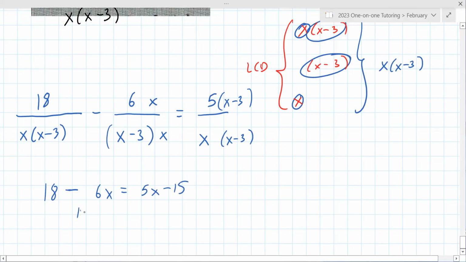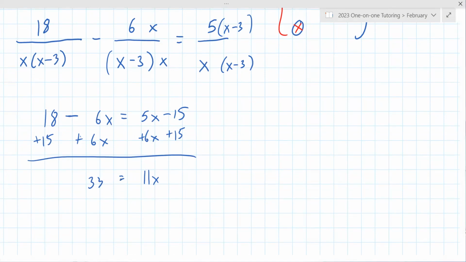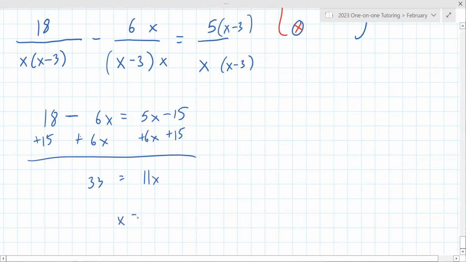So you're adding 6x to both sides, is what I was trying to get you to, because I heard negative x. Oh, that's where I messed up. I accidentally added 5x, which you can't do. Add 6x. 33 equals 11x. So then x equals 3. X equals 3. Good.